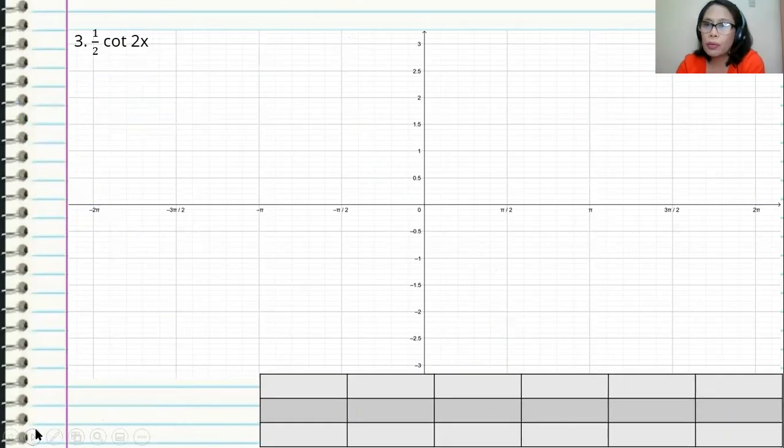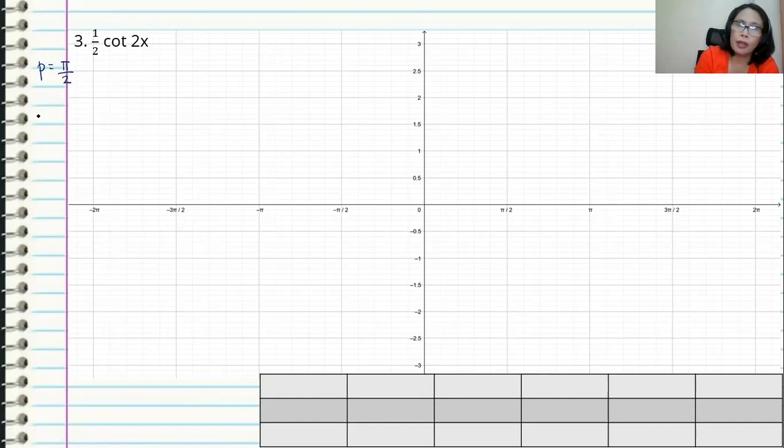So this time we'll work with cotangent. Usually the behavior of the graph of a cotangent function is decreasing from left to right. But we've got the same period. So the period for a cotangent function is pi, and we will divide that by whatever the value of b is, which is 2 in this example.